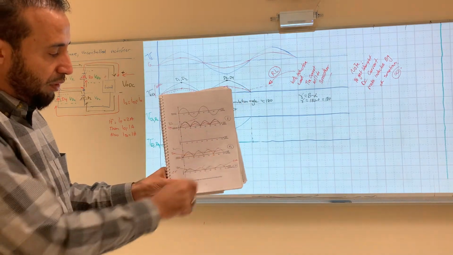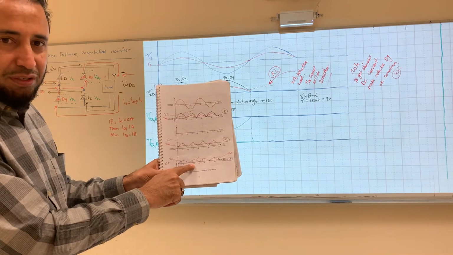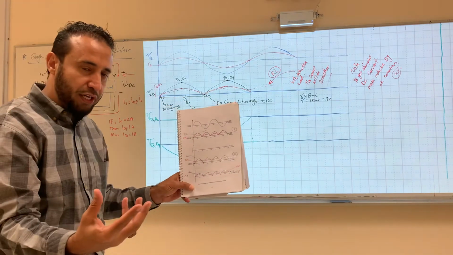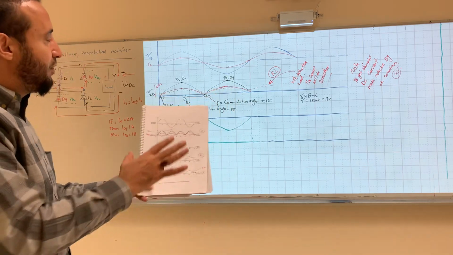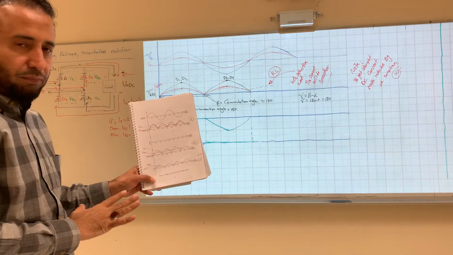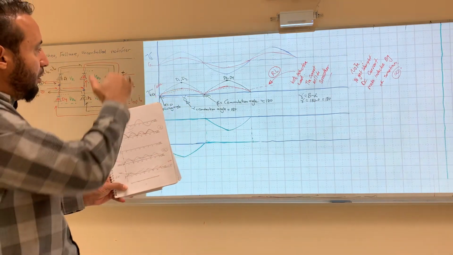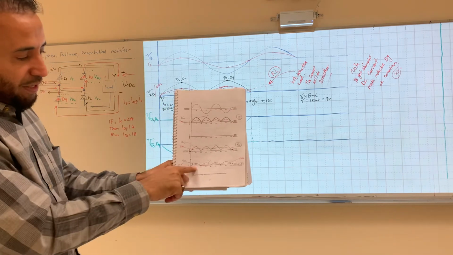Okay. And then this one here, the last one, will be for the center tap. I know you guys took the center tap in electronics, and it's like 2 half waves together. Center tap will be the same, but the peak will be half. It will be the same drawings, but the peak will be half. So that's here.